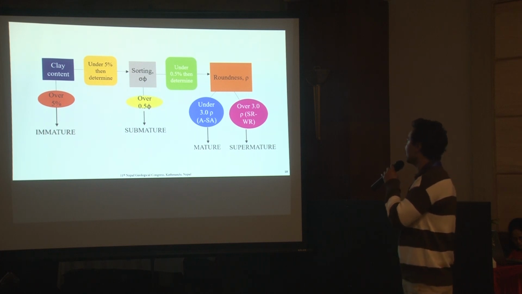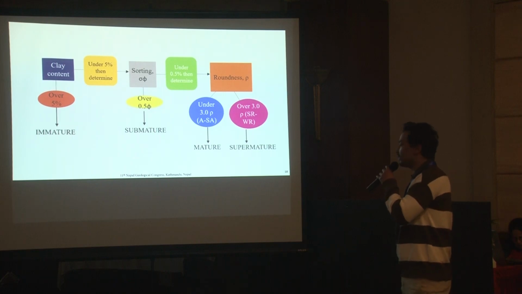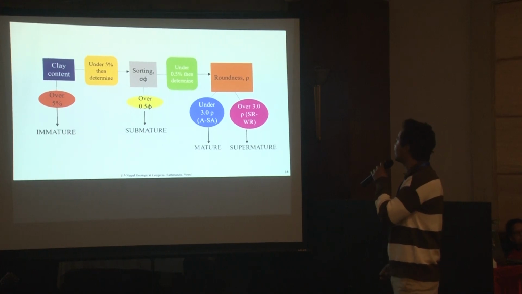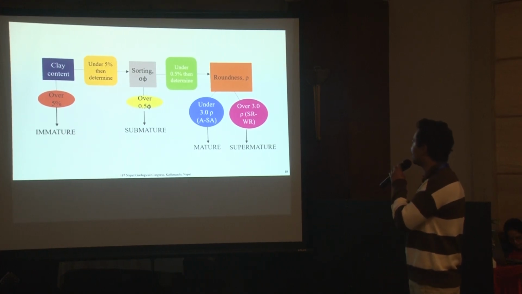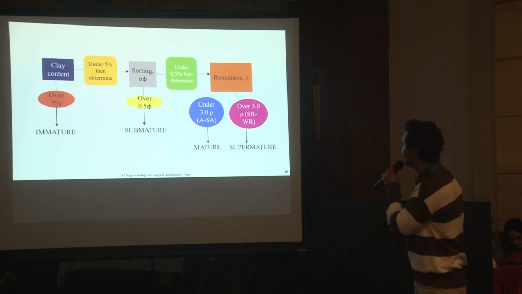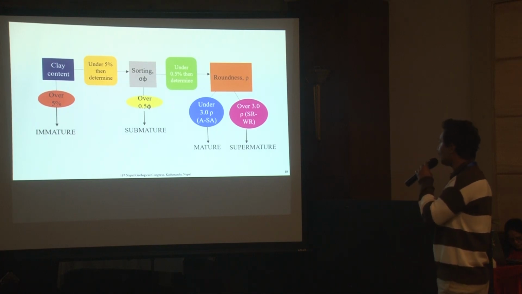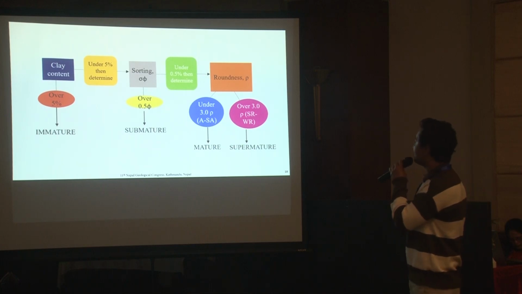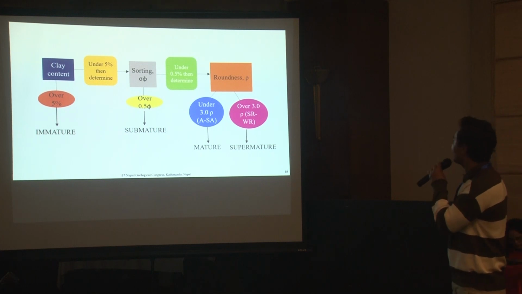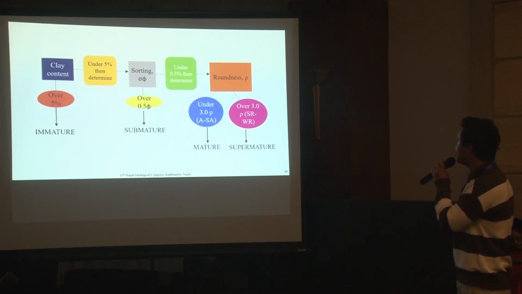If the sorting is under 0.5, then we have to further analyze the roundness to ascertain the maturity of the sediment. The roundness under 3 illustrates that the sediment is mature in nature, while if it is over 3, then it will tell us that the sediments are super mature in nature.